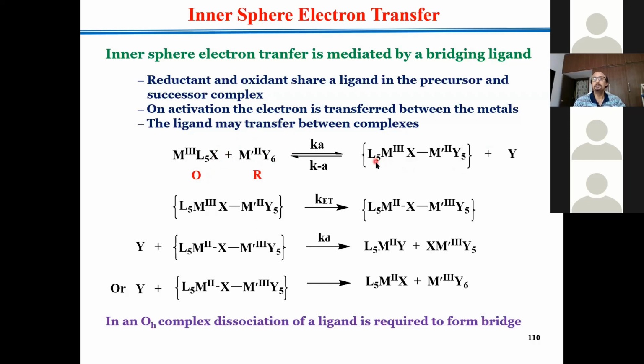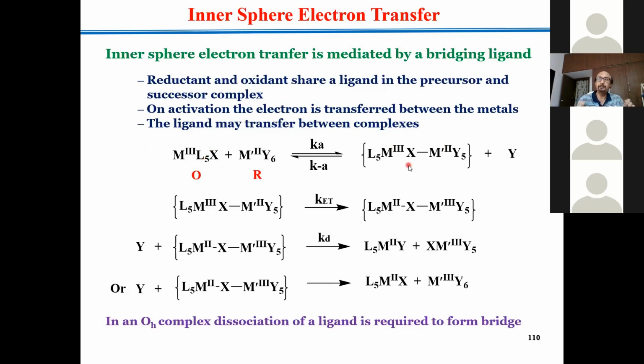And if you look at, this is pentacoordinated, this is pentacoordinated, and this is satisfying the 6th coordination for both the metal centers, and Y is getting off the system, right? Now, one could have argued also that this X could have been dissociated, and one of the Y could have functioned as a bridge.